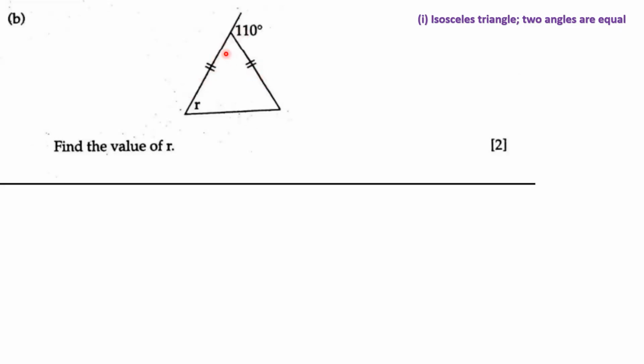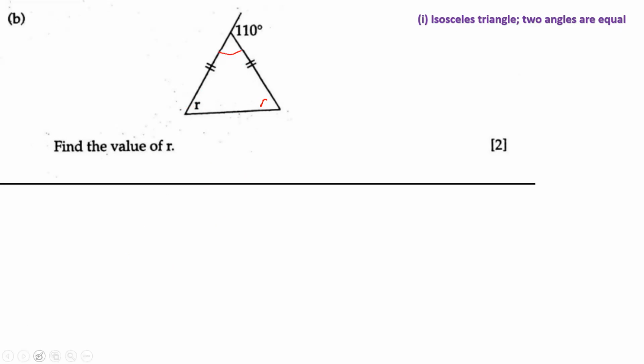Both of these sides are equal in length for the triangle, so that is also going to be R. So we have two R's, and we have 110, and this open space here, and then R and R.